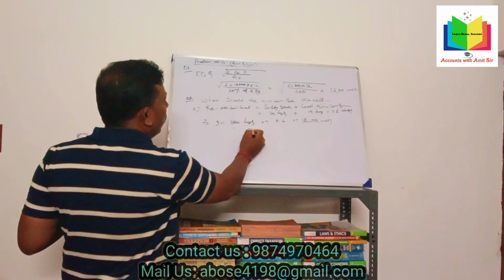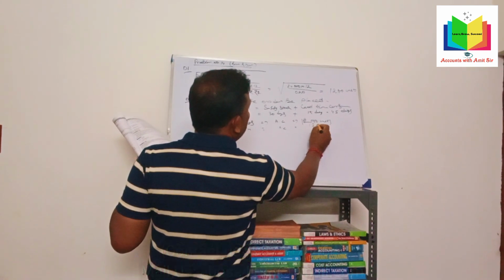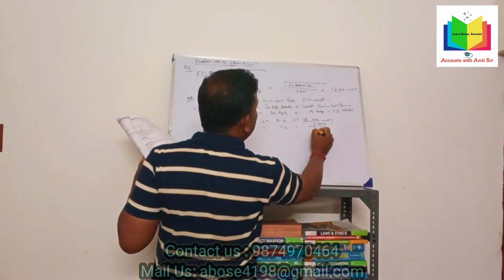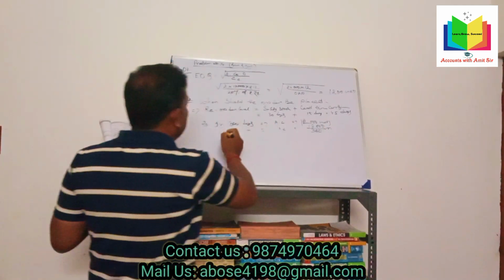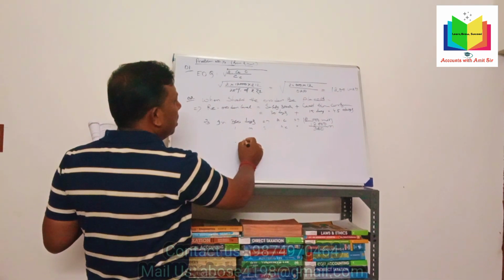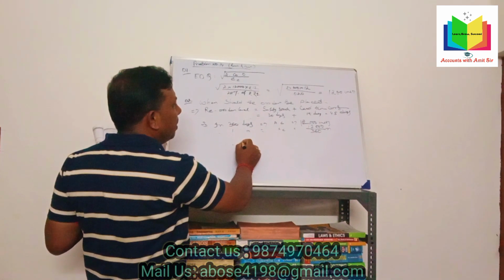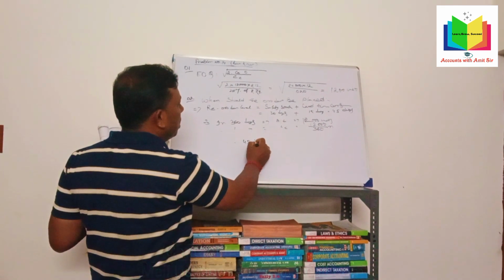Therefore, in one day consumption is 12,000 divided by 360. The reorder level we found earlier is 30 days plus 15 days, safety stock plus lead time consumption, that is 45 days.